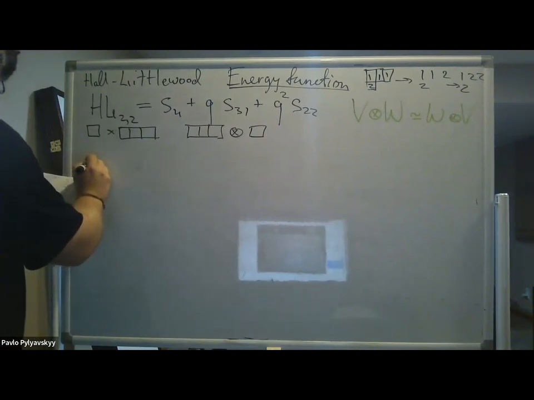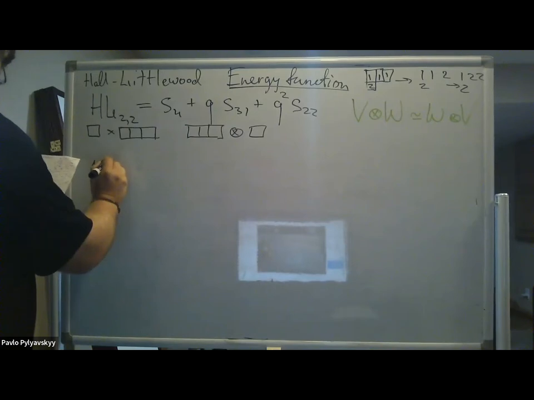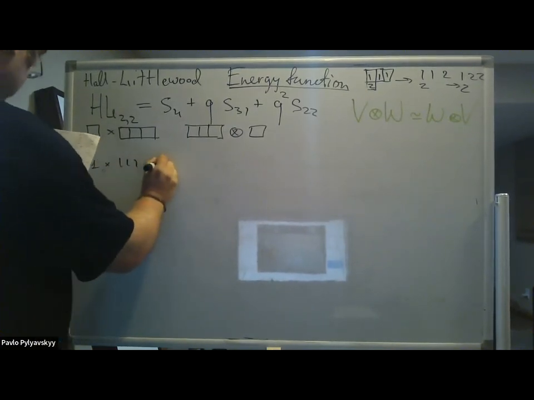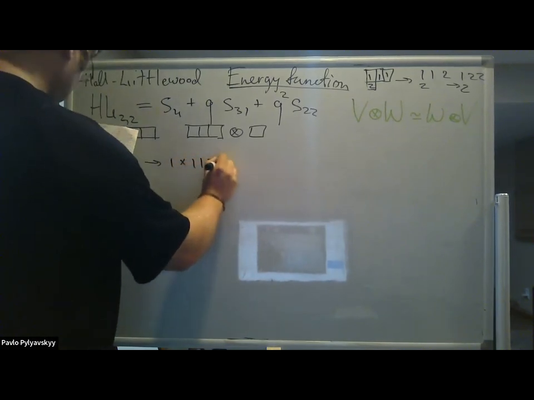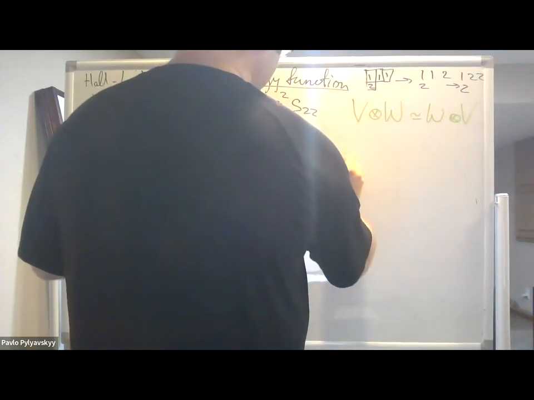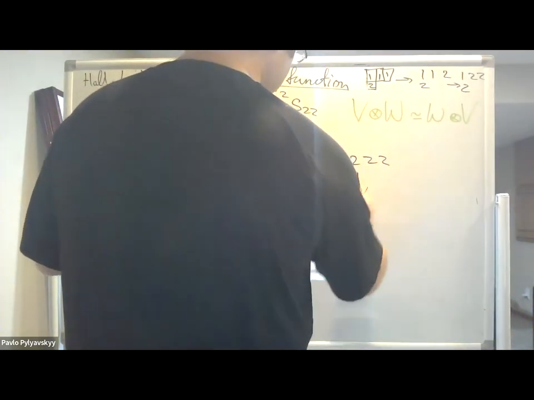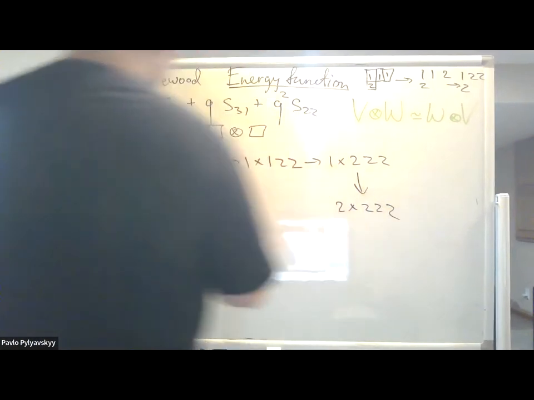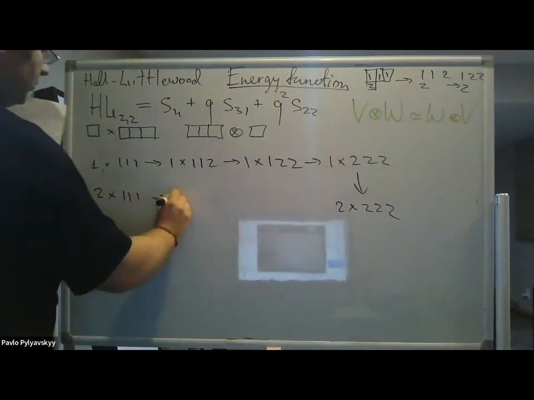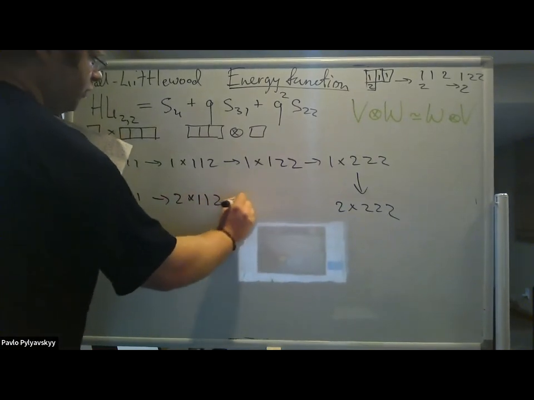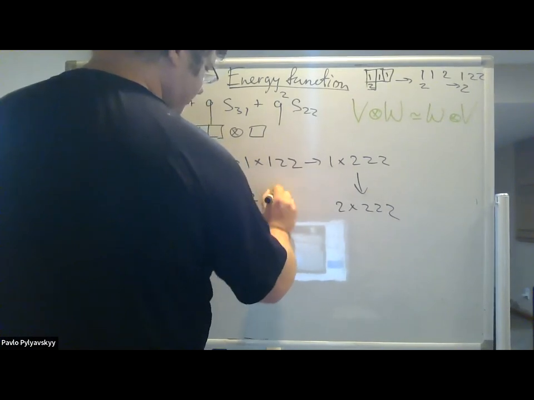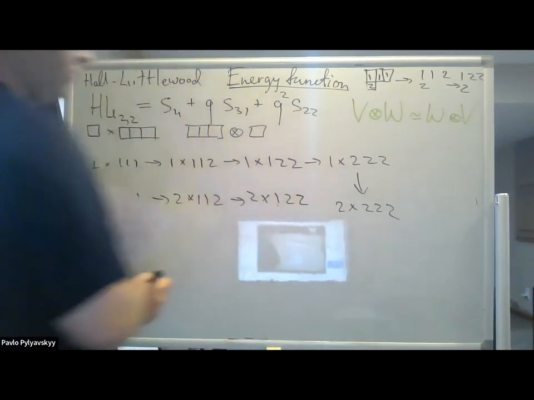Here's the first one: 1 product 1, 1, 1 goes to 1 product 1, 1, 2 goes to 1 product 1, 2, 2 goes to 1 product 2, 2, 2 goes to 2 product 2, 2, 2. And then the second connected component looks like this: 2 product 1, 1, 1 goes to 2 product 1, 1, 2 goes to 2 product 1, 2, 2 goes to 2 product 2, 2, 2.